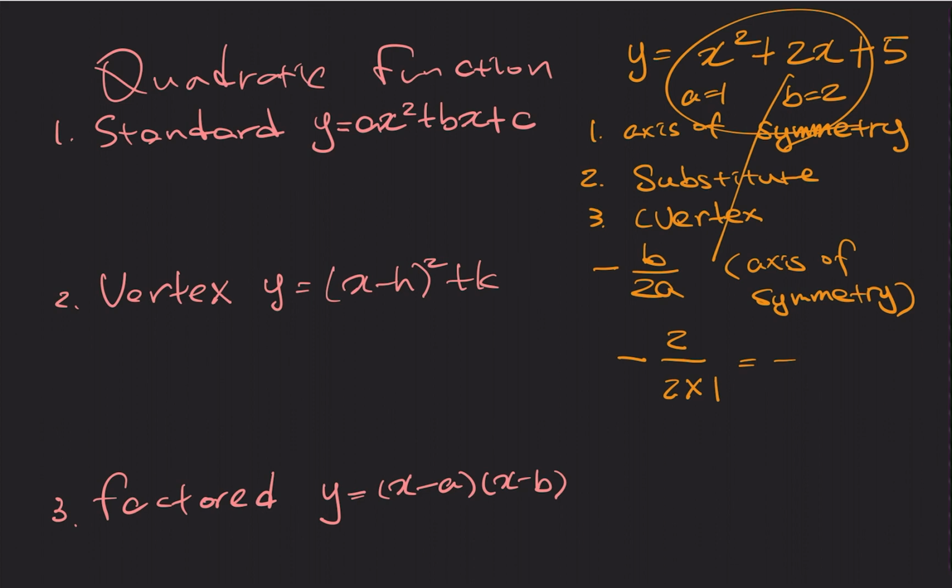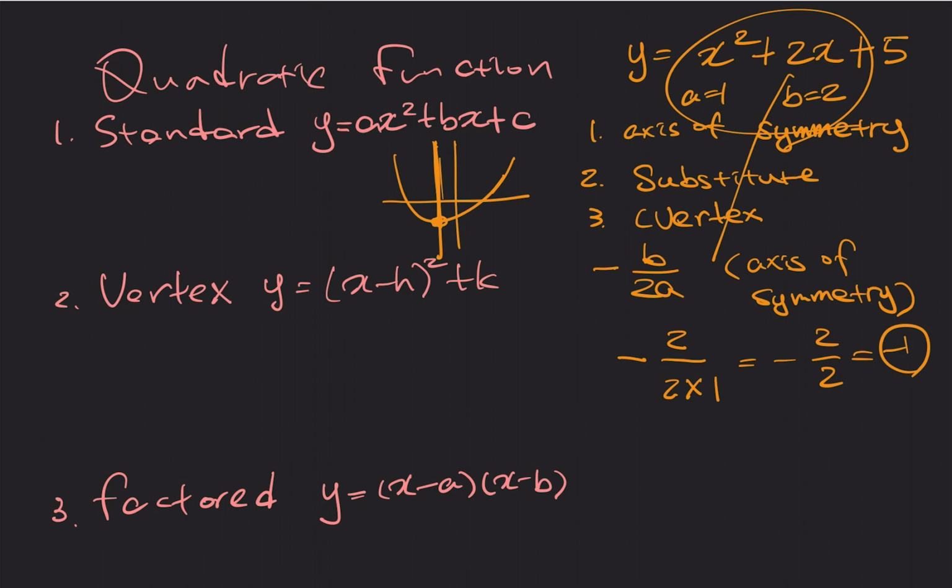That becomes minus 2 over 2, which is minus 1. So minus 1 in a parabola, the axis of symmetry, means before finding the vertex we at least know what x is. So minus 1 is the axis of symmetry of the parabola of this function, x squared plus 2x plus 5.